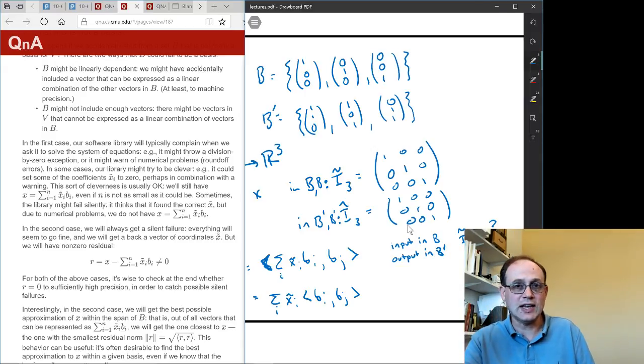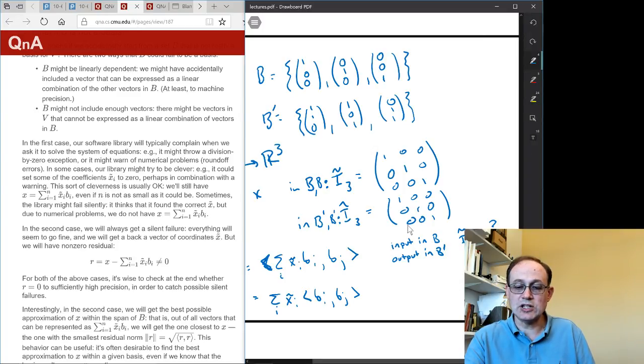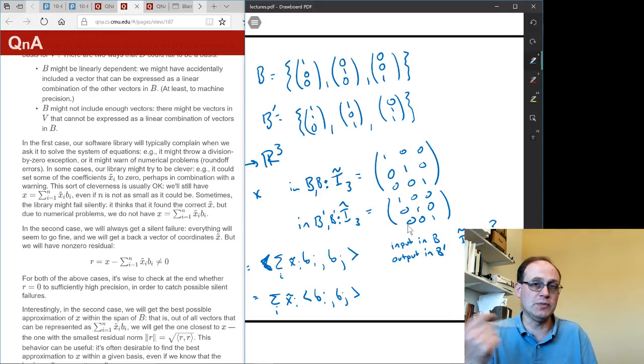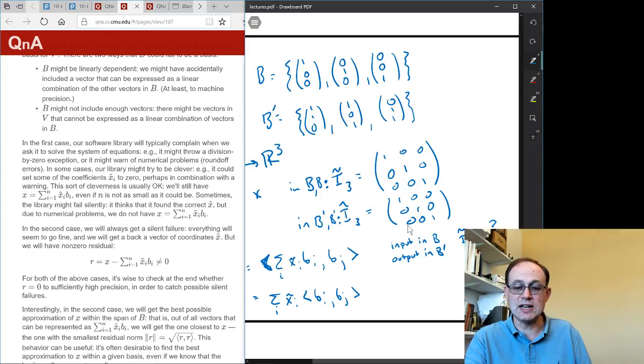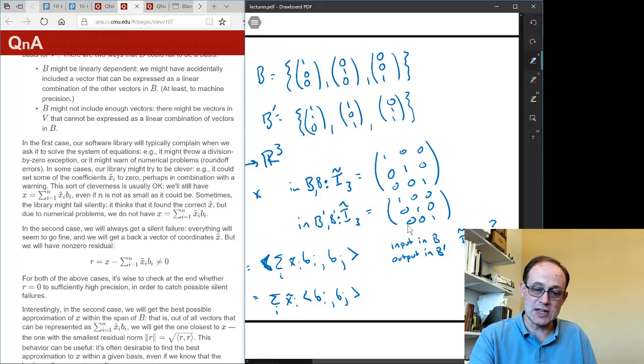I'm not going to try and calculate it on the fly, but what we're doing is essentially changing coordinates. It's the identity map, but the coordinate representation of the input is different from the coordinate representation of the output. That would be an example where we get a representation of this identity operator that is not the same as this identity matrix.